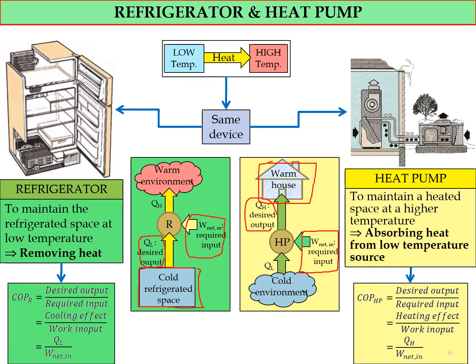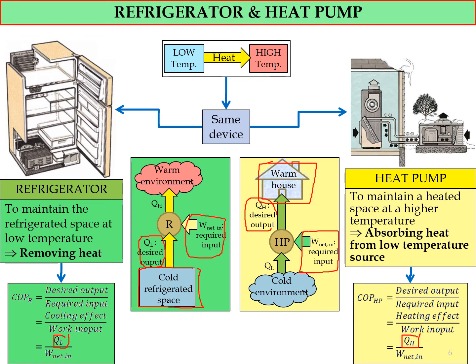From this, you can see the coefficient of performance for the refrigerator is cooling effect divided by work input, whereas for the heat pump, it is equal to heating effect divided by work input, which is also equal to QH divided by net work in. The difference between the heat pump and the refrigerator is this value, the heating effect and the cooling effect.